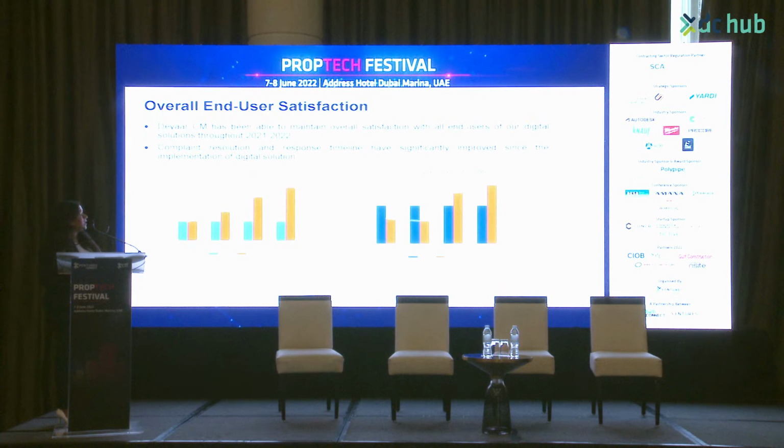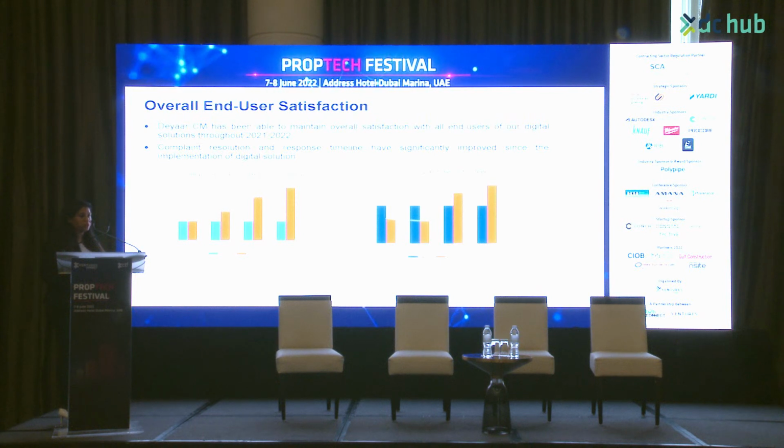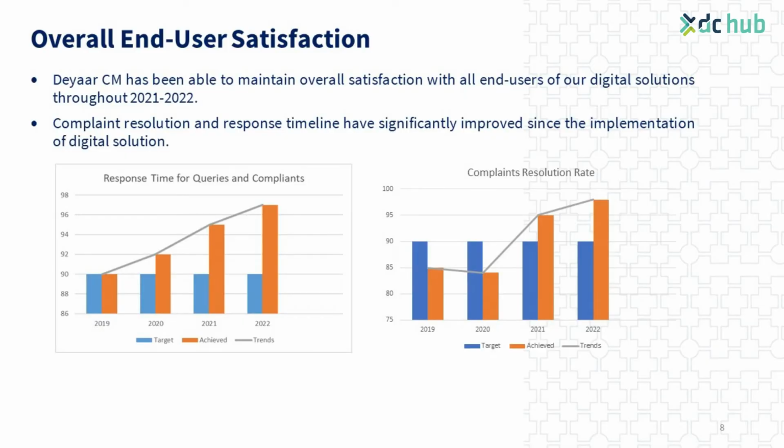The overall end user satisfaction after moving into digitalization, between 2021 and 2022, when we implemented the new systems. Yes, with any system implementation, there are teething times where you'll have glitches and the curve moves slowly. Before the digitalization, through the manual process and manual systems, it was very difficult for us to achieve even a set target of 90%.